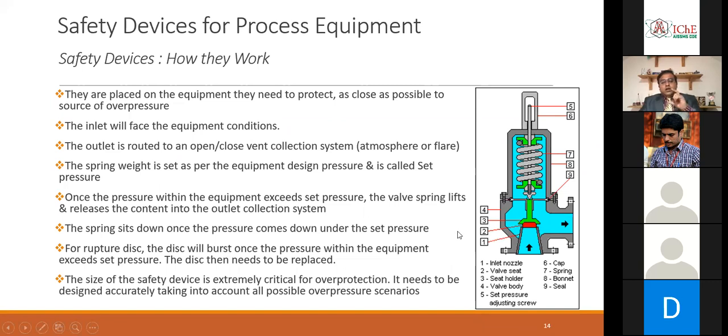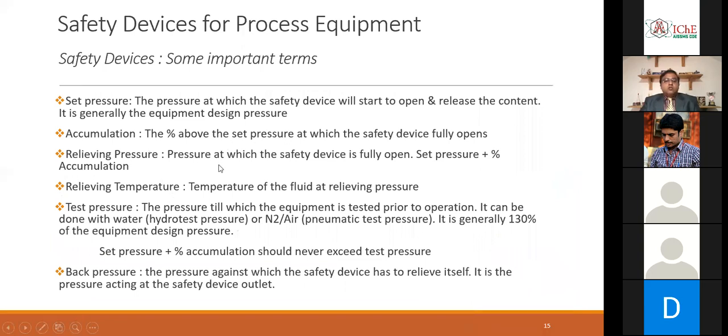So there is a term called accumulation, which is maximum 21% of the set pressure. Different cases have different accumulation. Say 10%, I would not go to 21 right now. At 10.1 it will start to open, and at 11 it will fully open. So this is how set pressure and accumulation work.